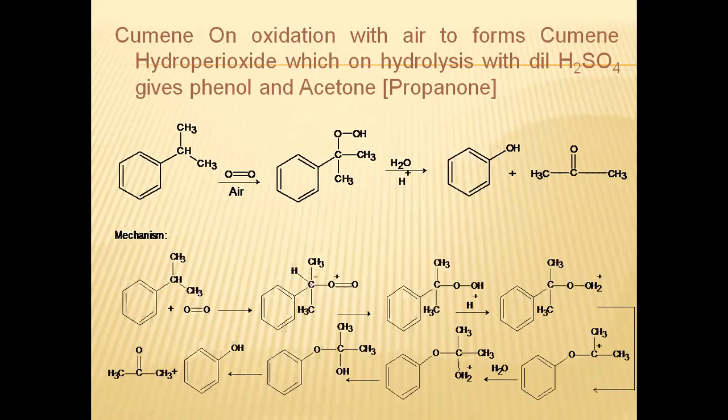The rearrangement reaction forms the carbocation. This carbocation is reacted with a water molecule and forms like this. So H2O plus is unstable, so it is removing H and forming acetone. On further hydrolysis, it is converted to phenol and acetone.